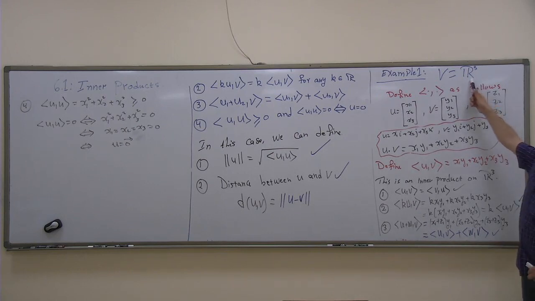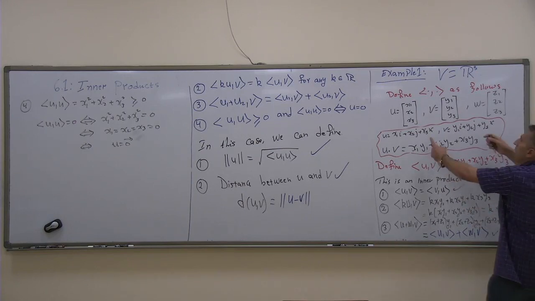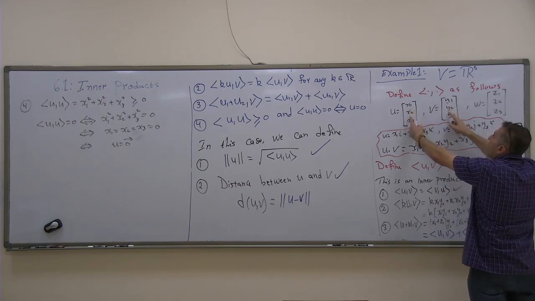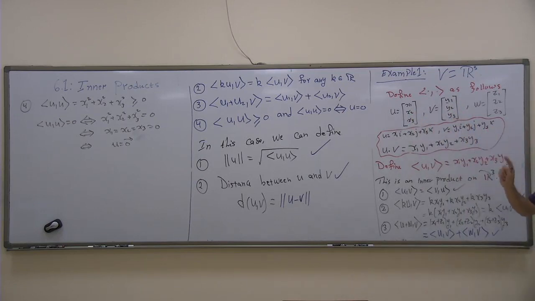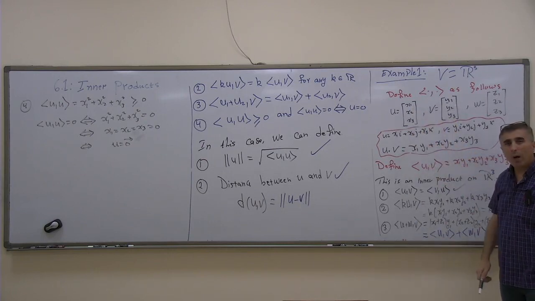I'm talking about R3. What if you talk about R2? What if you talk about R4? What if you talk about Rn? If you talk about Rn, then it is the same thing. Okay? So here, what you do, you multiply component-wise. So you can define an inner product just by multiplying component-wise.